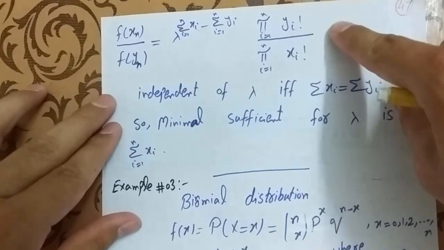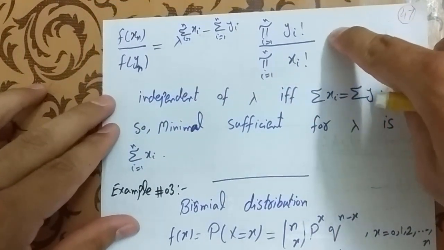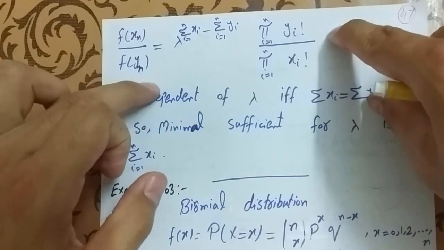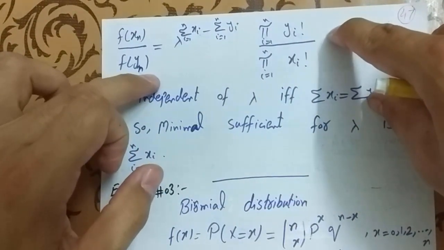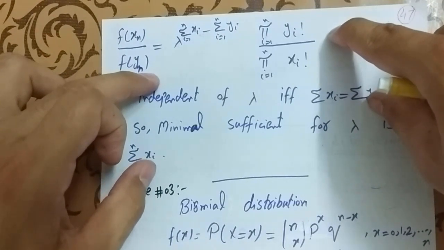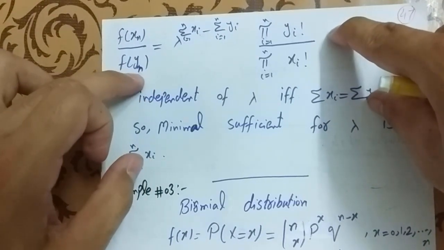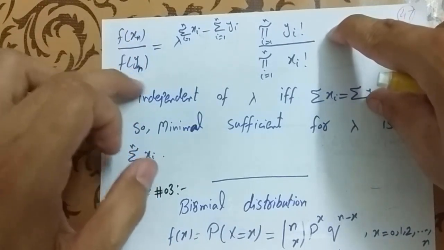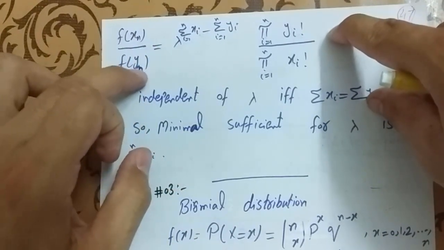Next, after the simplification, dear students, we check whether this Poisson distribution gives minimal sufficient statistics or not. We have to see only that this factor is independent of its parameter.